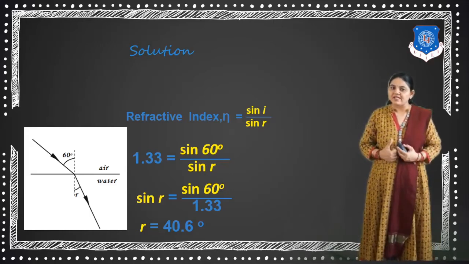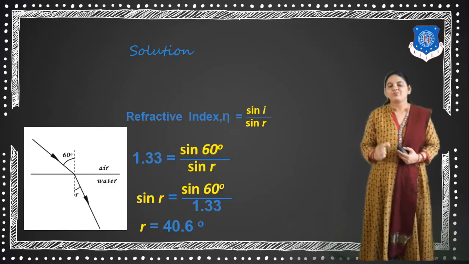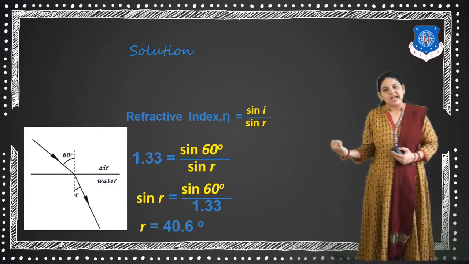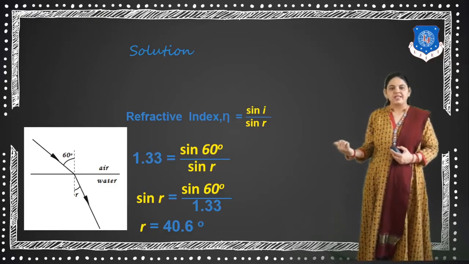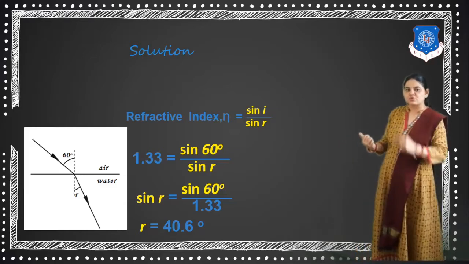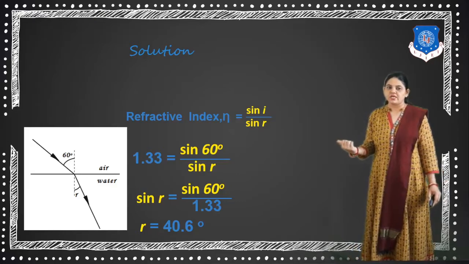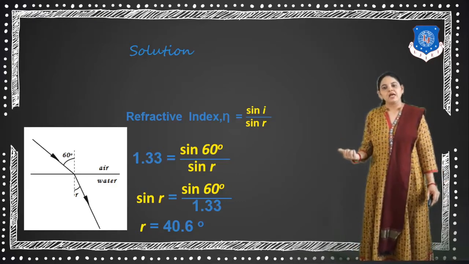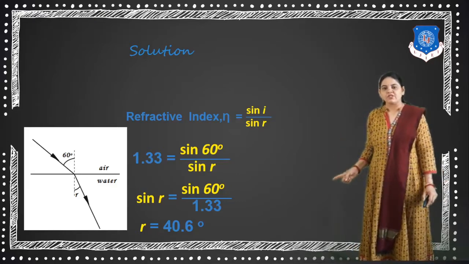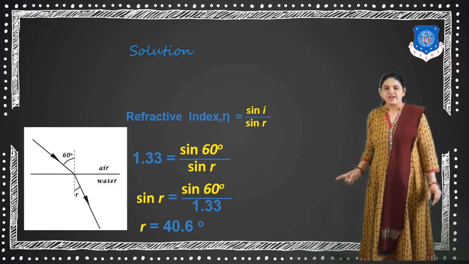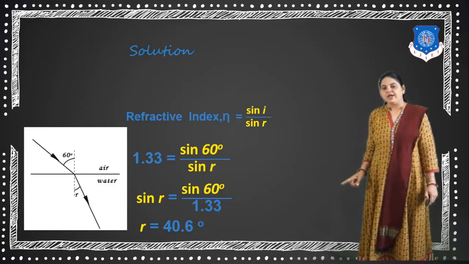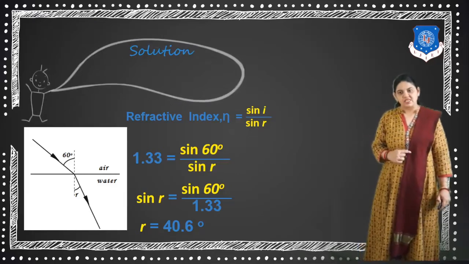What is the refractive index given here? 1.33. So put that value in the equation. The angle of incidence is given to us, 60 degrees, so we put that 60 degrees here, divided by sine r. So sine r is equal to sine 60 degrees divided by 1.33. So the angle of refraction r is 40.6 degrees.